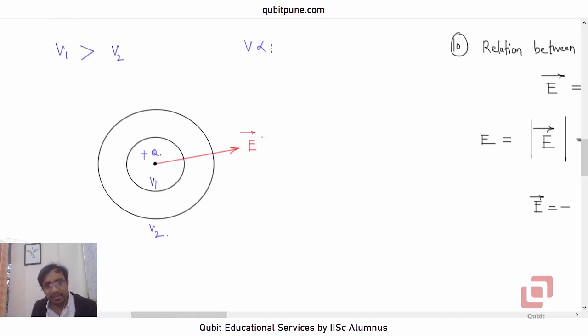Because V varies inversely with r. So V1 is greater than V2. Now if I ask you to tell me the electric field at this point and the electric field at any other point in magnitude, where will you find the magnitude to be greater? Is it at A or is it at B? Exactly.